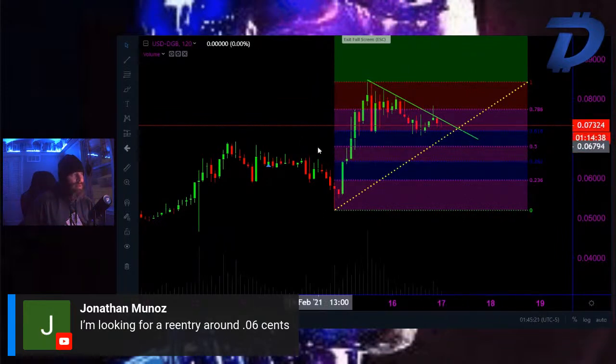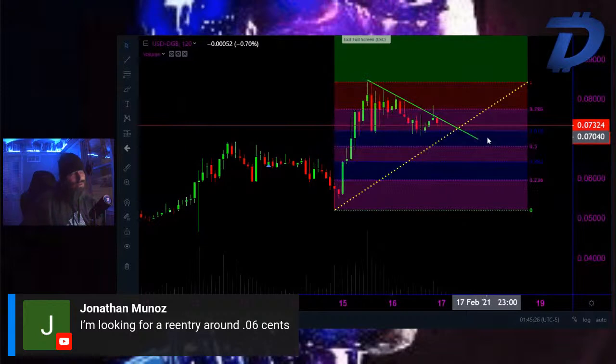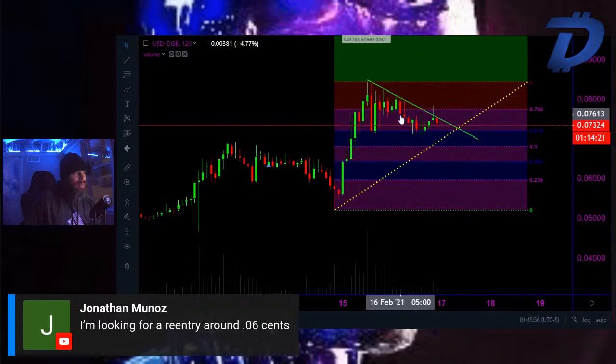So yeah, it's probably a smart play. But this 0.06 blue zone is a buy zone. How about this? I buy right here because I want to see DigiByte go up, but I don't put my whole bag in, right?